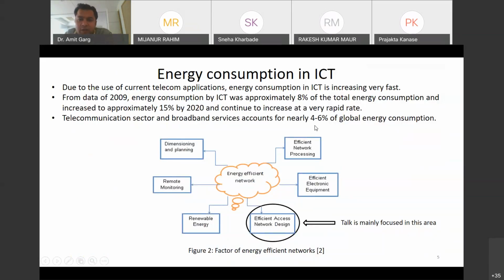If we just see this energy consumption in ICT, that is the information and communication technology sector. Due to the use of current telecom applications, the energy consumption in ICT is increasing very fast. And ICT is the infrastructure that is being deployed in the smart city. So we can say in a smart city, the energy consumption is increasing.